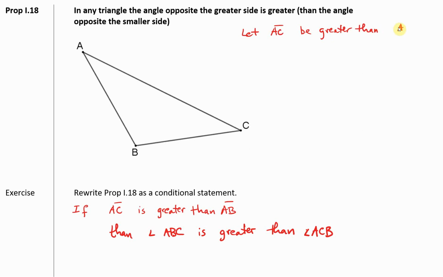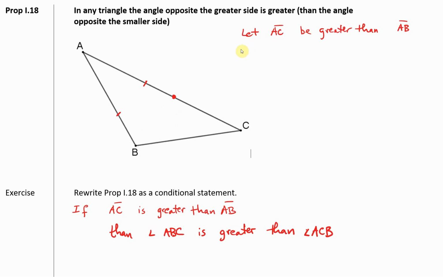Well, now if that's the case, what does that mean? Well, that means I can take a point here on AC that's equal to AB, right? So if AC is longer than AB, then I can cut off some part of AC and have the remaining part equal to AB, okay?